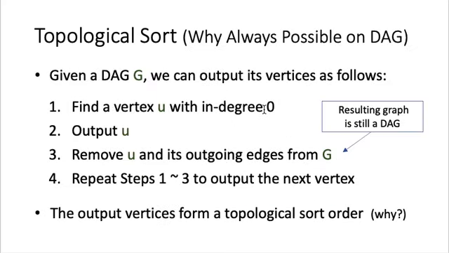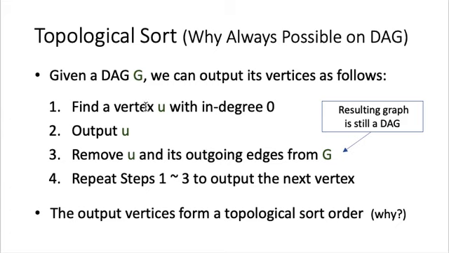Okay, now this key lemma directly gives us the reason why we can topologically sort the vertices of the DAG. To do so, suppose that we are given a DAG G. First of all, because it is a DAG, it has a vertex with integer 0.